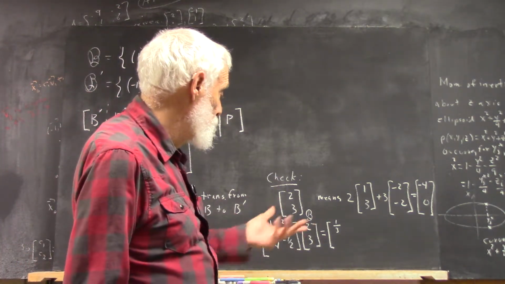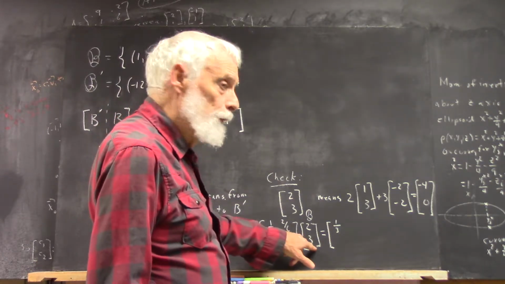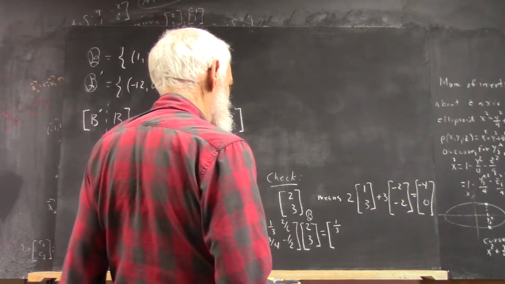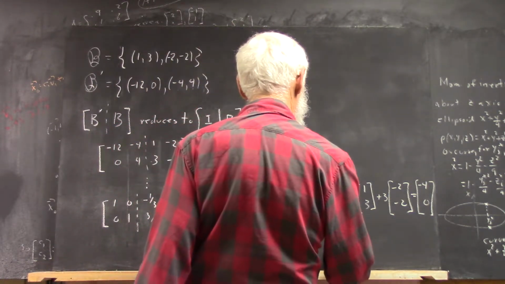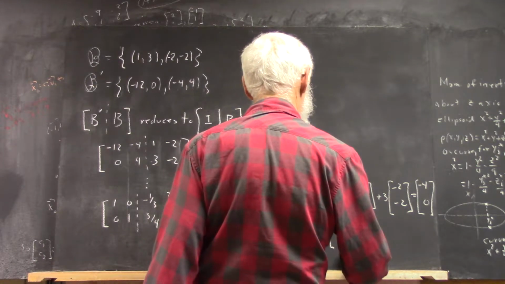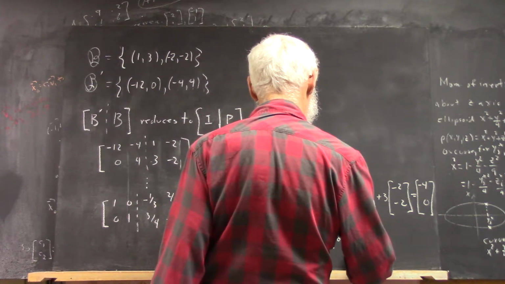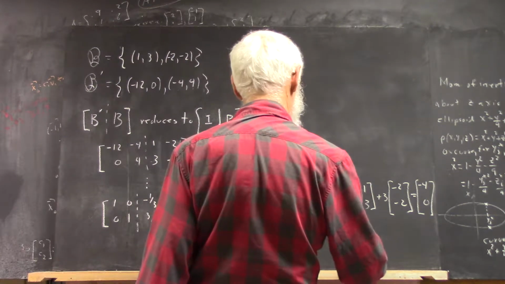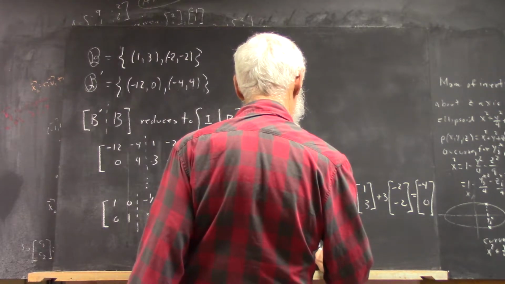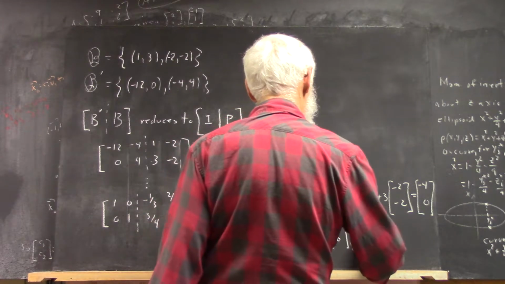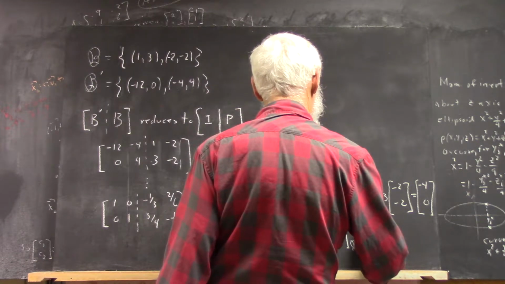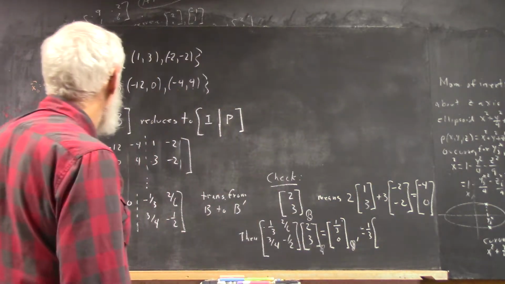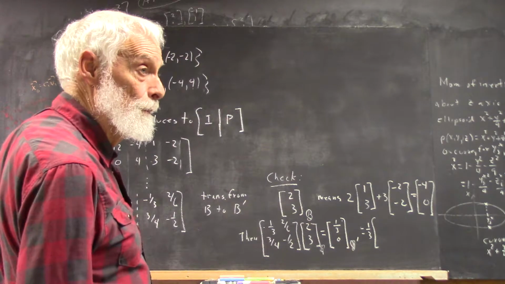Then 3/4 of 2 is 1 1/2. Negative 1/2 of 3 is negative 1 1/2, right? So it looks like that gives me 0. And that's going to work out. So it looks like that's 1/3 times negative 12, 0, right?